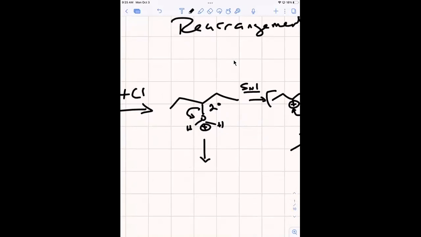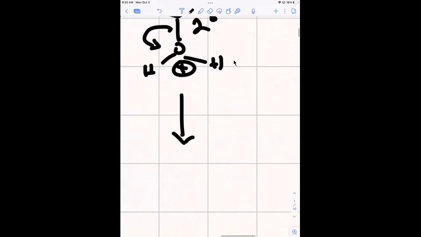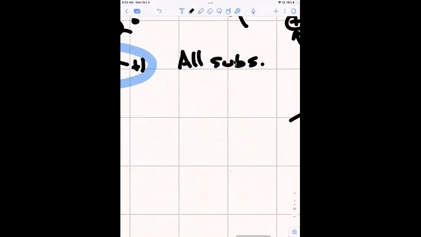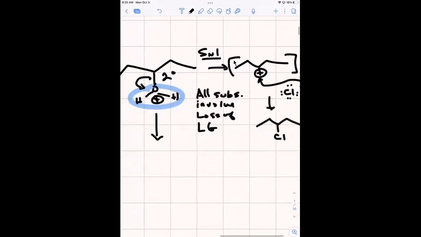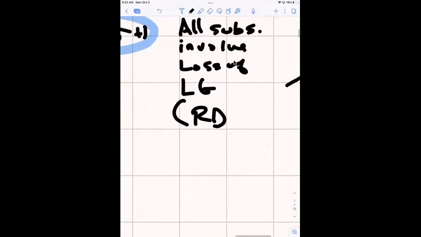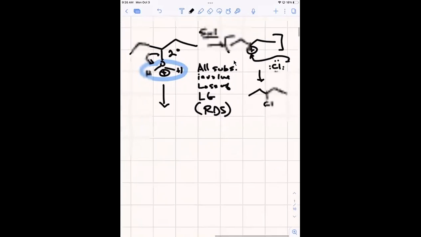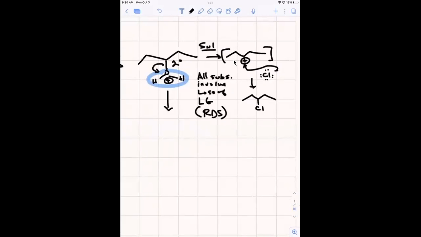Every substitution is going to involve 2 things. It's going to involve loss of a leaving group, which in most cases is going to be the rate determining step. That's going to be the slow step in any substitution, the loss of your leaving group.